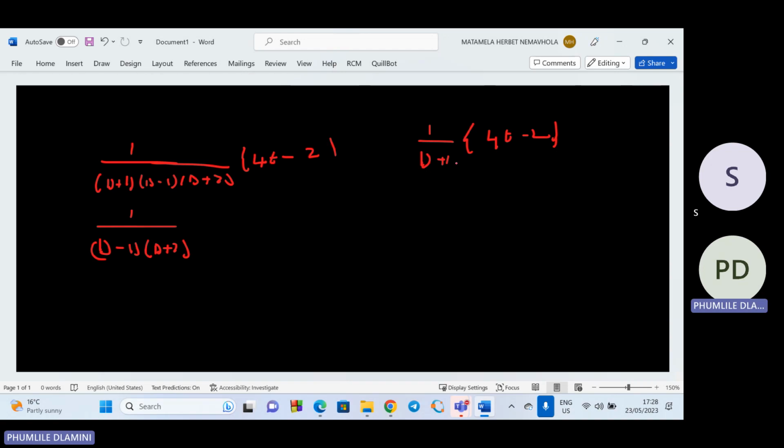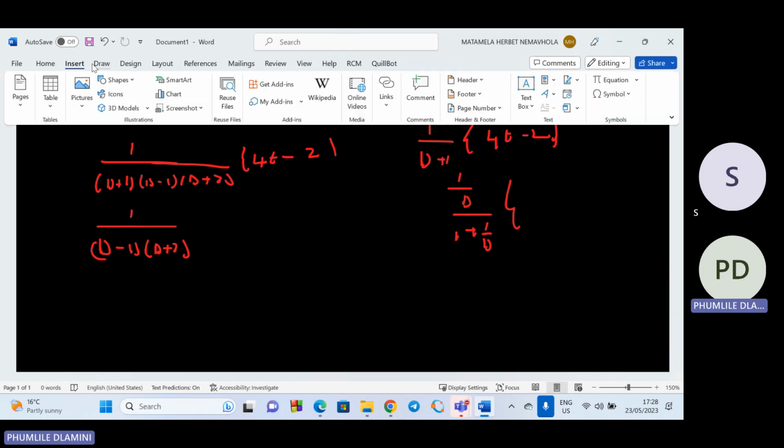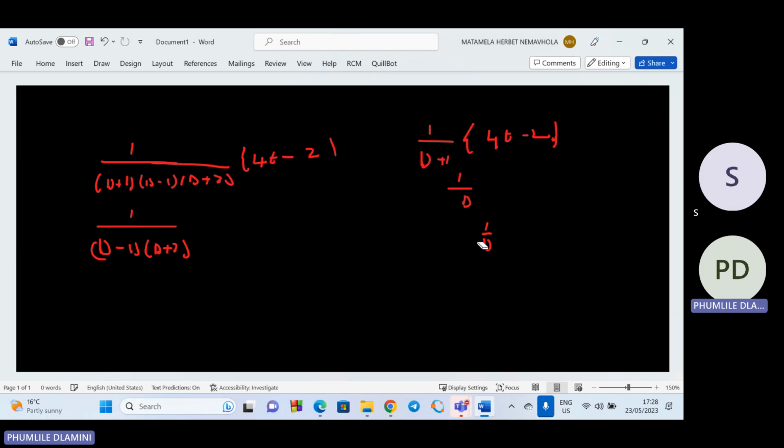So I can't just divide; let me divide this equation by D everywhere. If I divide by D, I will have 1 over D divided by 1 plus 1 over D, and it won't give me anything there. I want something more. I have to find a way. Let me see what I can do in order to make it more clear.